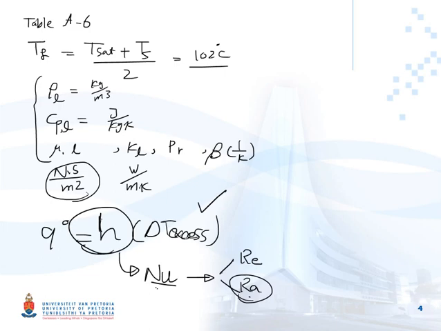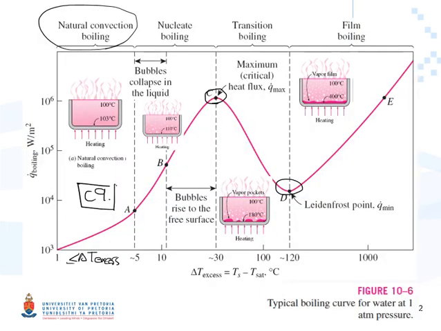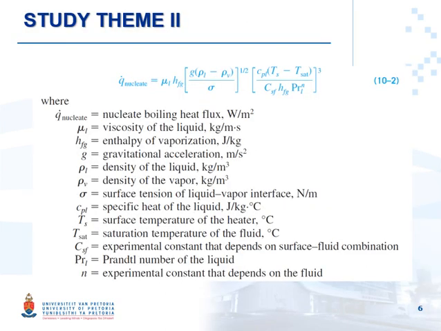But let's say now the temperature is higher than 5. We talked about natural convection boiling. Now delta T excess is between 5 to 30. It's nucleate boiling. What are we supposed to do? For this section, we have a correlation here, for Q dot nucleate, when the delta T excess is between 5 to 30.